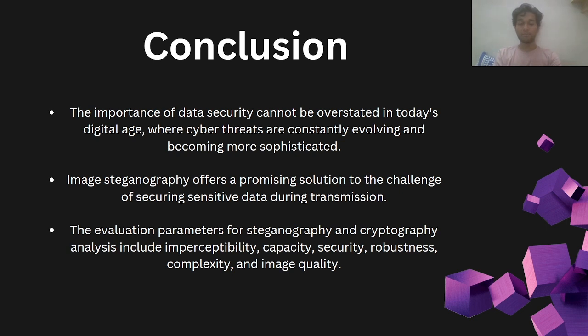This paper aims to provide a comprehensive review of various image steganography and crypto-steganography techniques with their pros and cons. It also highlights the evaluation parameters used for steganography and cryptography analysis.